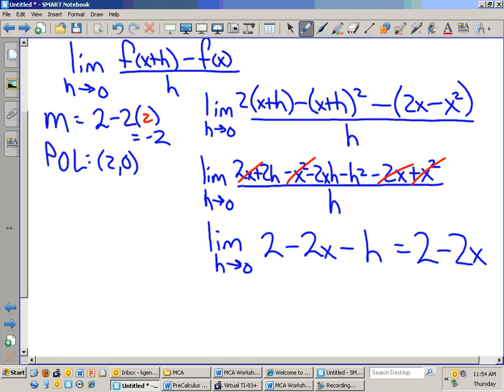Now we write an equation for the line. We won't use the A. Don't worry about that.